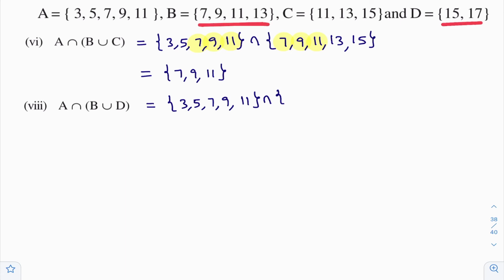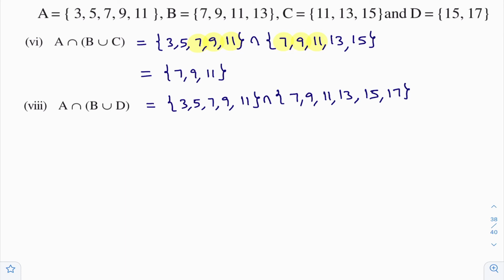This is B, this is D. First write all the elements of B: 7, 9, 11, 13. Now you write all the elements of D. 15. Is 15 already listed here? No, so you write 15. Next 17. Is 17 already listed here? No. So you write 17.